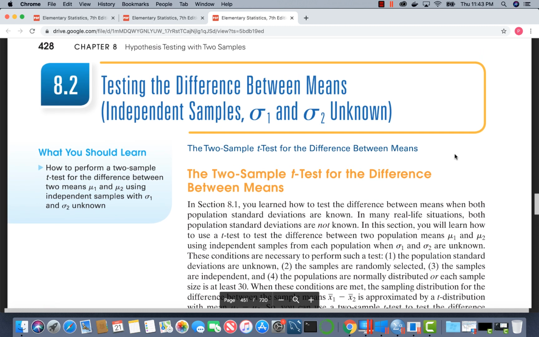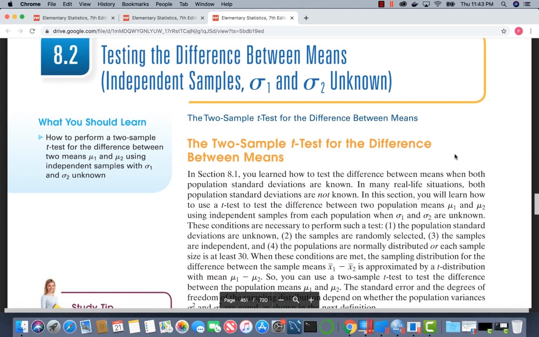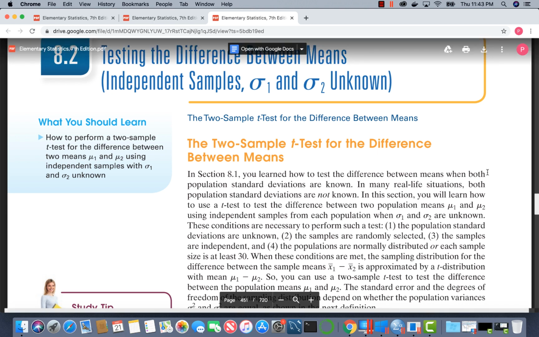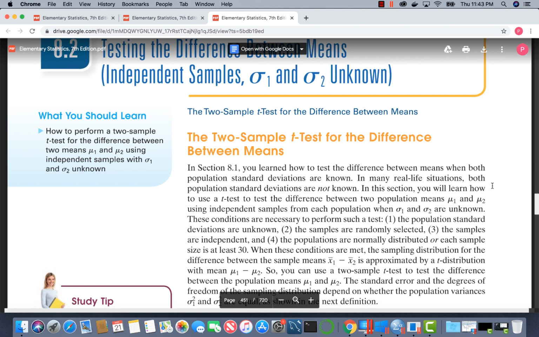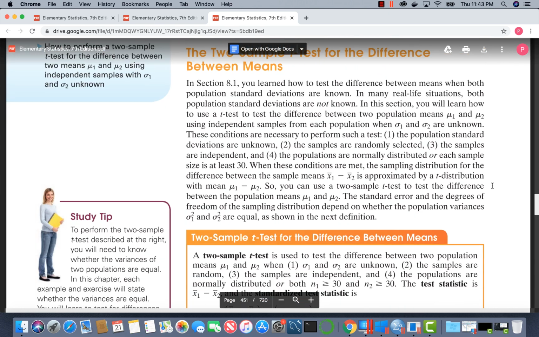We want to talk about the two-sample t-test where we have independent samples, and we'll do it for the first example when the population standard deviations are unknown.